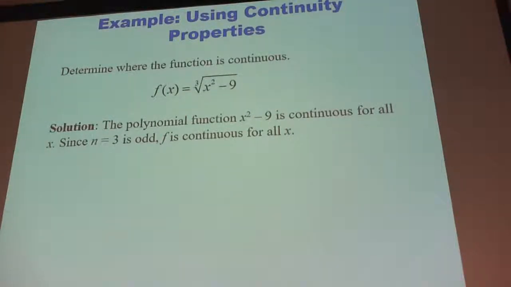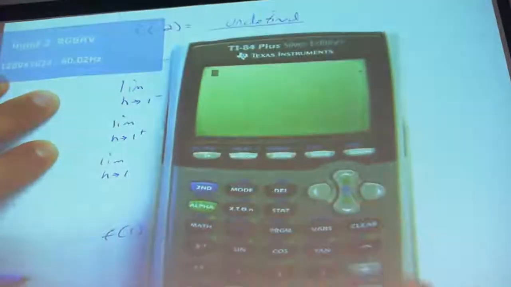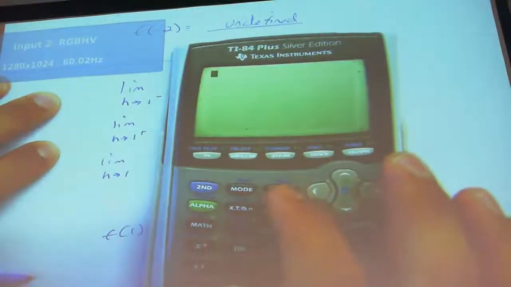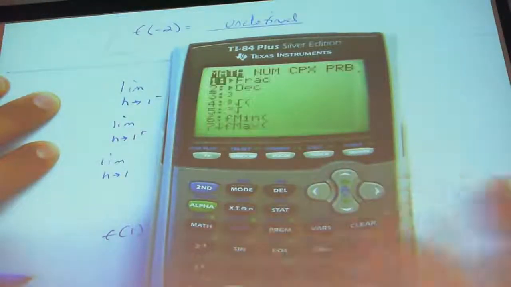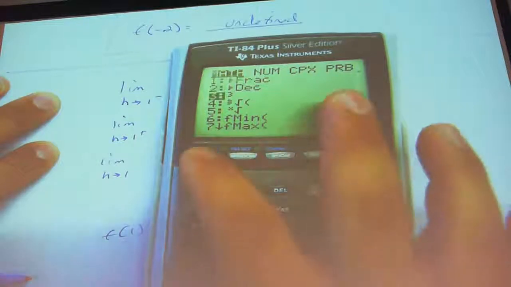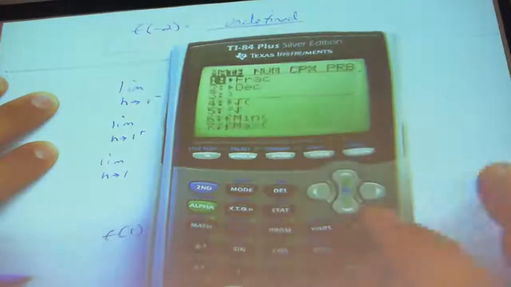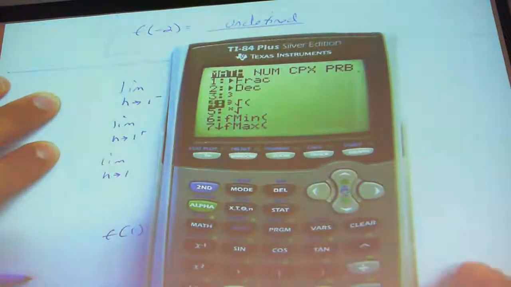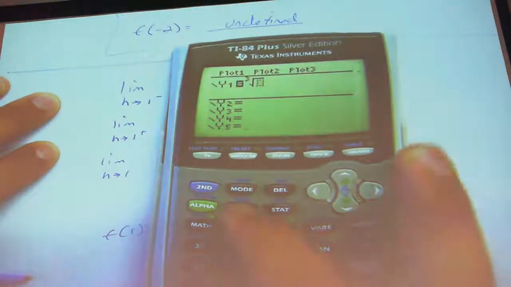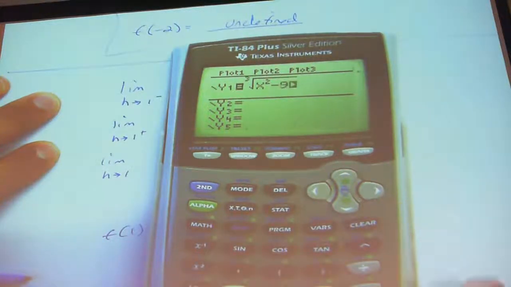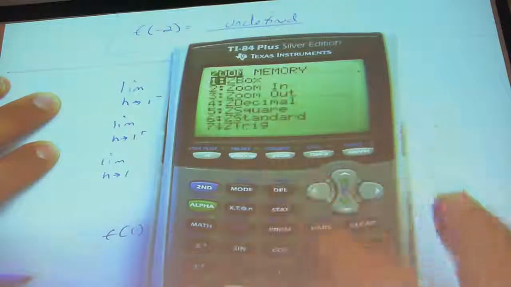So basically, let's take a picture of this. Anytime you get a little stuck, let's talk about pictures. For this one in particular, I'm going to go to Y equals, Math, number 4, cube root of x squared minus 9, and I'm going to hit Zoom 6.